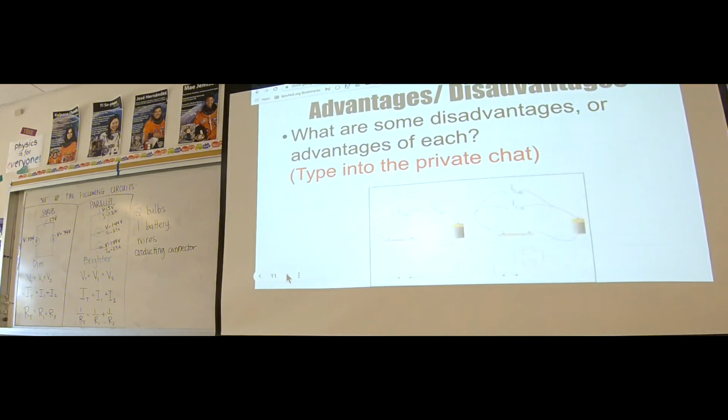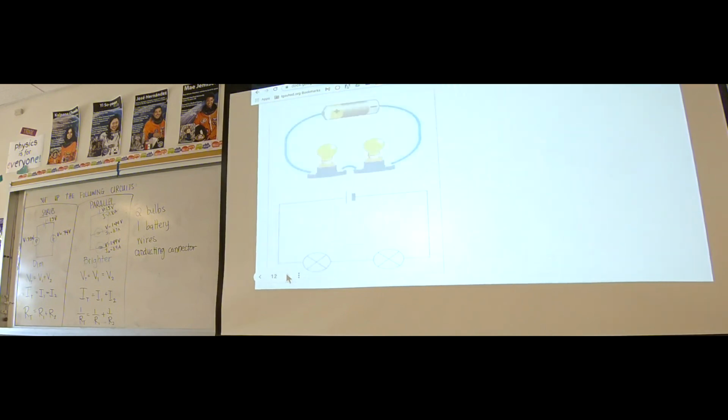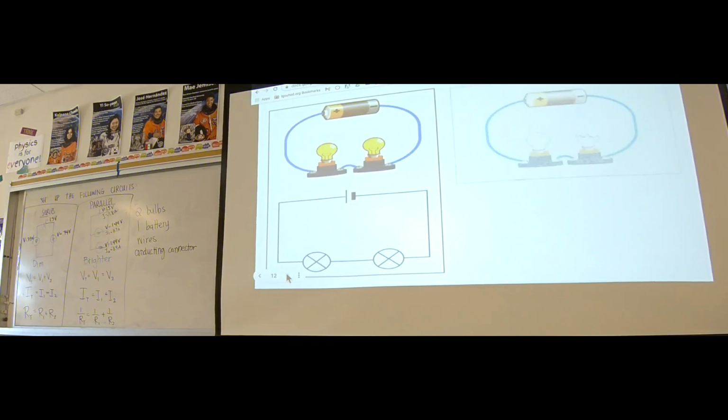So all of this we've gone over, but what are the advantages and disadvantages? The most obvious one is in series, and many of you stated this, if one light bulb goes out, the whole circuit is done. You can't work any part of the circuit if it has a break in its loop.